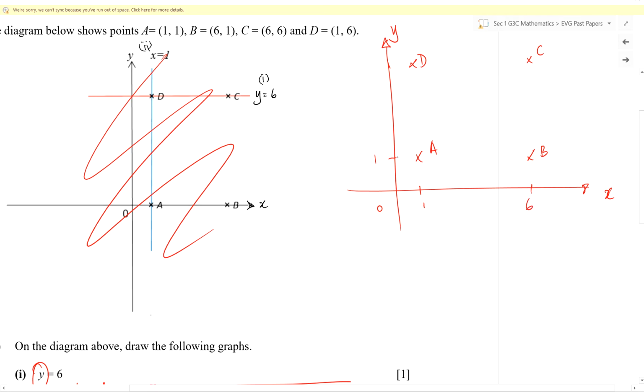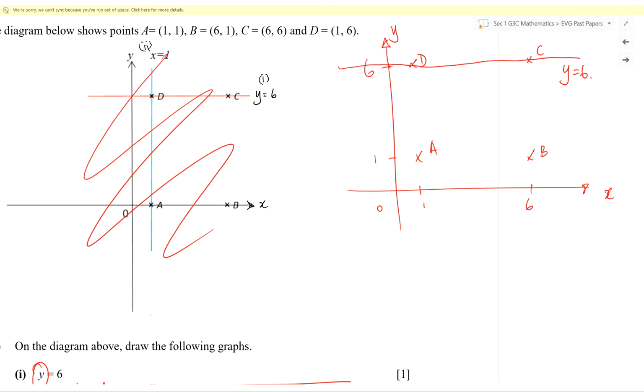A and B are both on level 1. D is at block 1, level 6. Point C is at block 6, level 6. So I am very sure that my graph of Y equals 6 looks like this: one horizontal line passing through D and C.